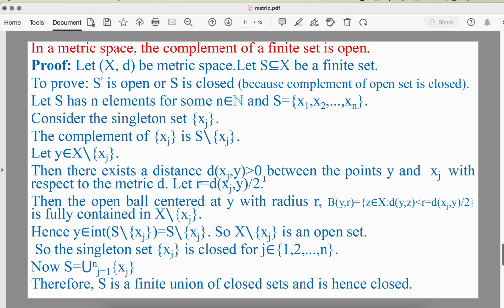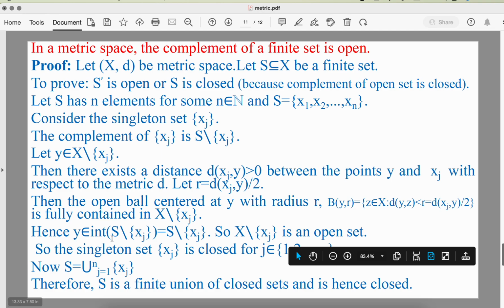Then the ball centered at y with radius r, which we denote B(y, r), is the set of all points z belonging to X such that the distance of z from y is less than r, and this ball is contained in X minus {xj}, because y belongs to X minus {xj}.